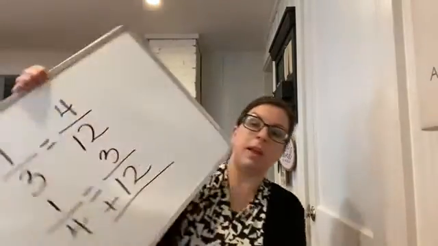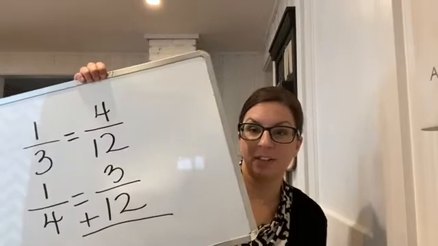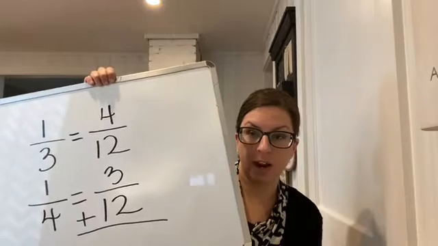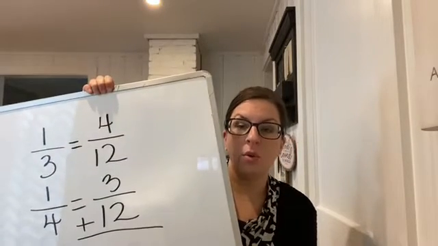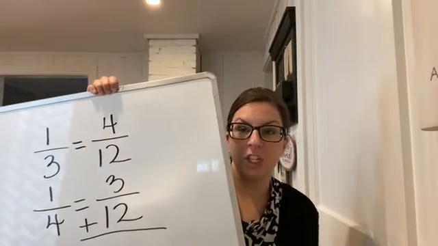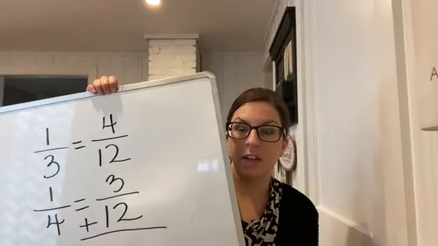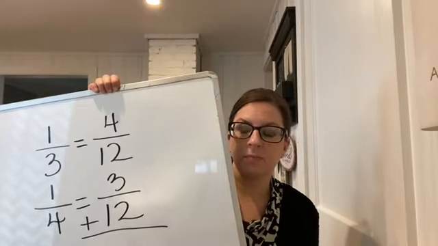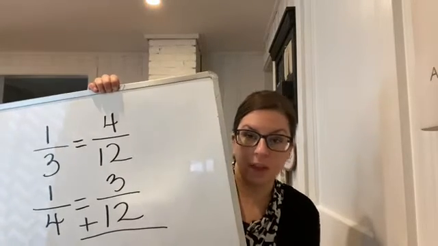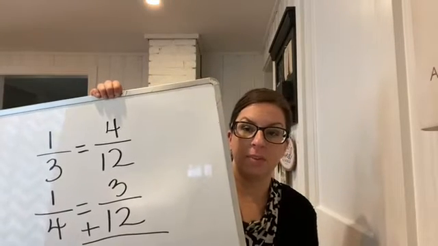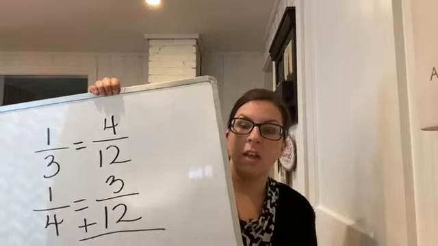I don't know if you noticed something, but I ended up multiplying the denominators by each other, right? A lot of times that's going to happen, especially with smaller fractions, okay? If you are in a pinch and you just need to add fractions together, in order to make them have the same denominator, you can multiply the denominators together and then do the same thing to each of their numerators.